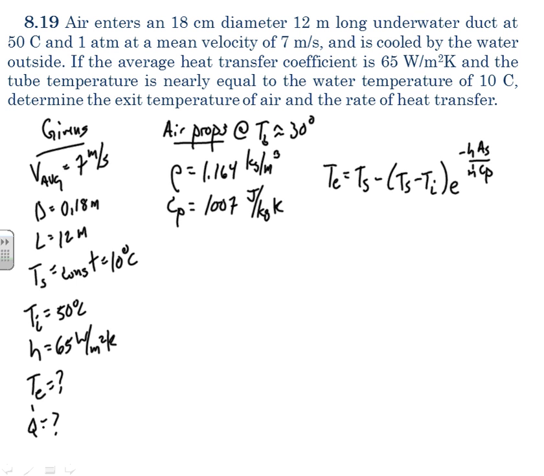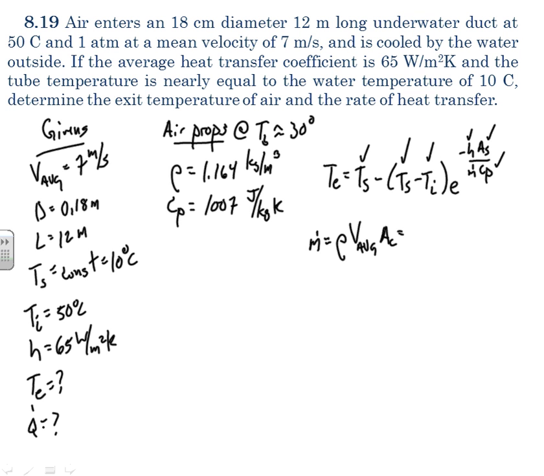So far, I have H, it was given to me. I have the diameter of the tube, so I can calculate the surface area because I have the diameter and the length. Cp is a constant. Ts I have, T inlet I have. So the only thing I don't know so far is the mass flow rate. Can I calculate it? Yeah, I can. My mass flow rate, m dot, is just rho times V average times the cross-sectional area.